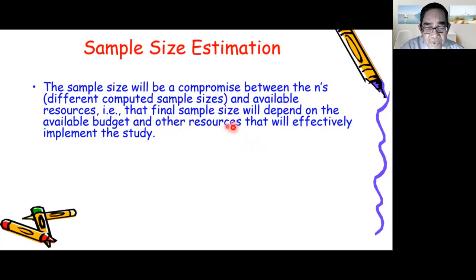The final sample size will depend on the available budget and other resources that will effectively implement the study. So we can make it a little bit lower, but not really very low. There will be a minimum sample size that is required. You cannot go lower than the minimum.